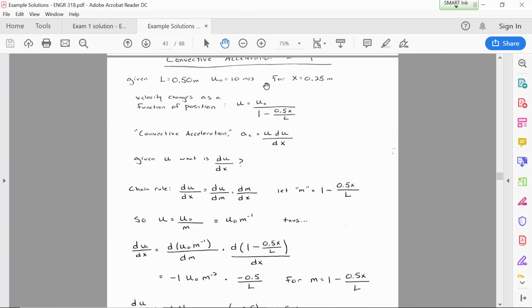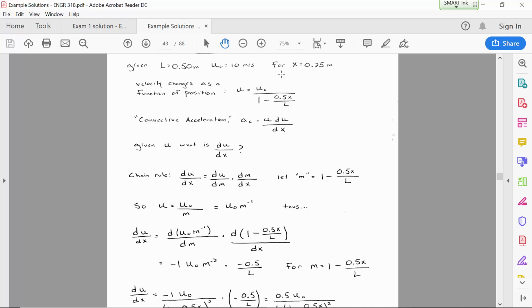Okay, so if you need to look at that another time, here's the solution up on the screen. On the homework assignment, I think that you have maybe 2 problems that are related to convective acceleration.